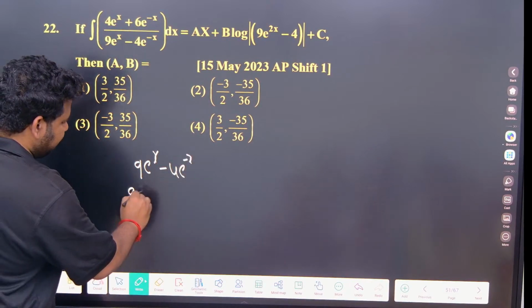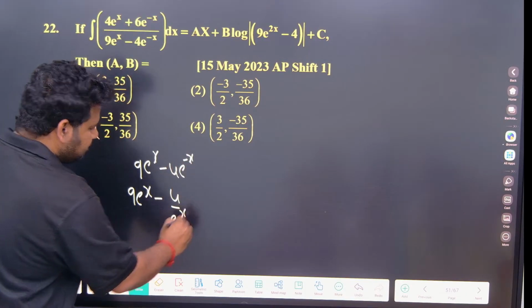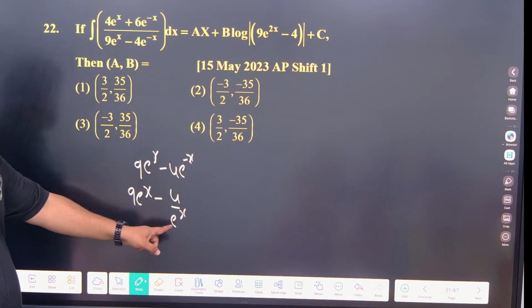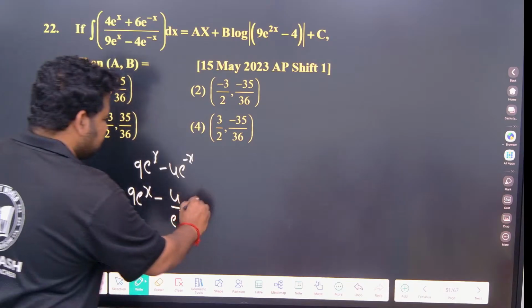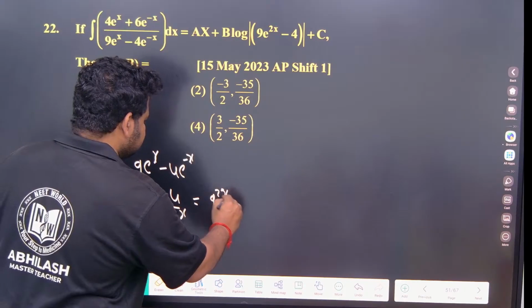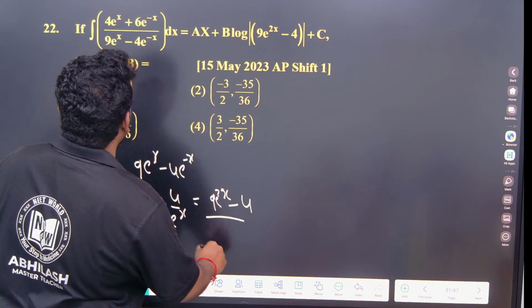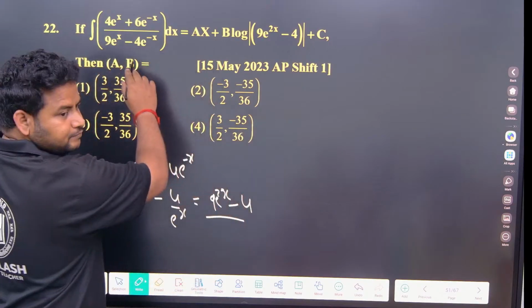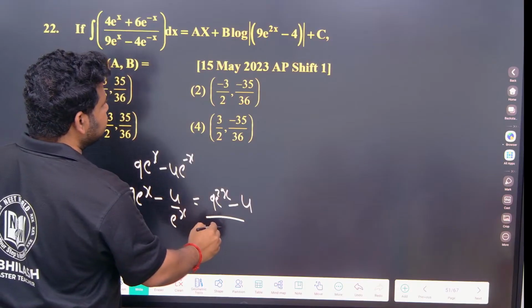What we can do? 9 into e power x minus 4 e power minus x, if I bring it down, this will become e power x. If I take LCM, e power 2x. So this will become 9 into e power 2x minus 4 by e power x, and e power x will go up.